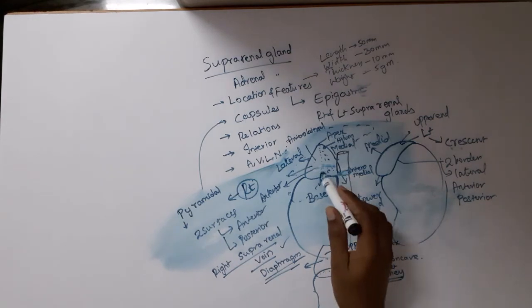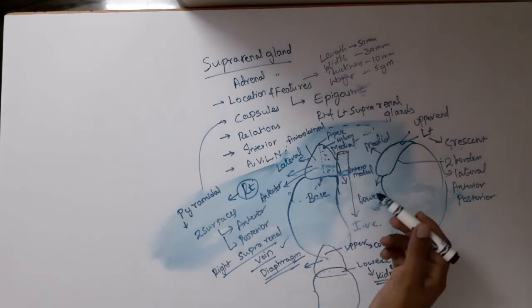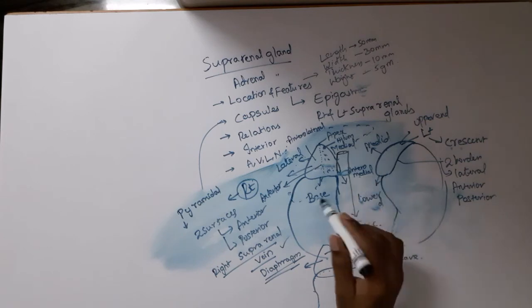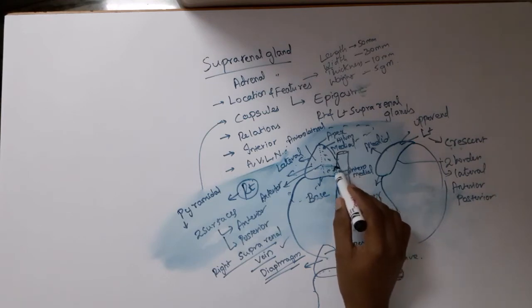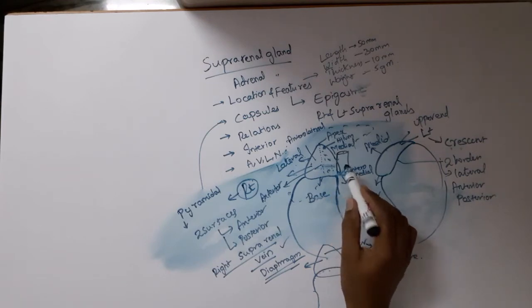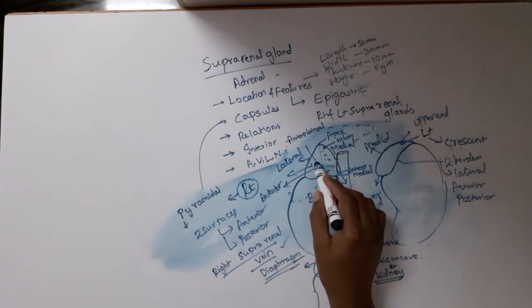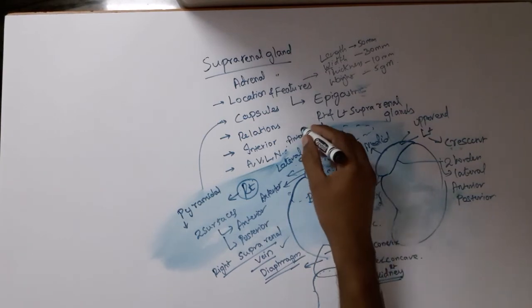On the anterior surface there is a ridge, also called the anterior border, that divides it into an anteromedial part and an anterolateral part. The anteromedial part is related with the inferior vena cava and the anterolateral part is related with the liver.